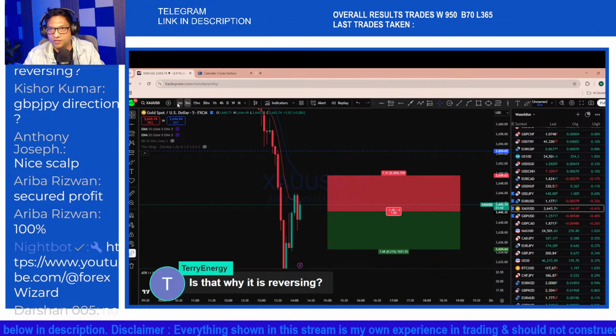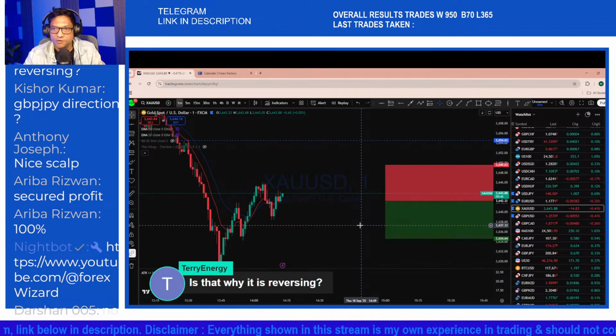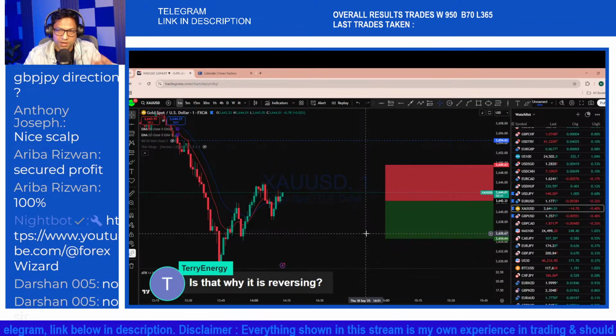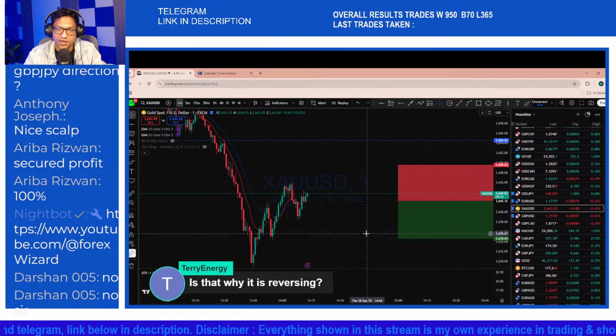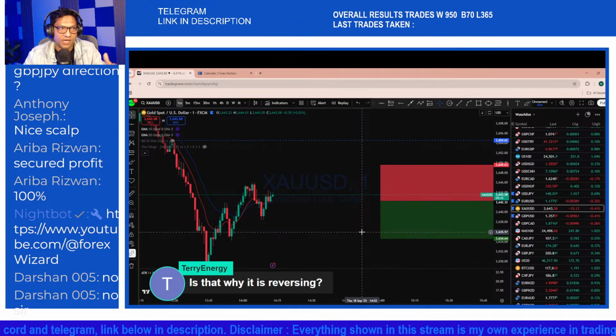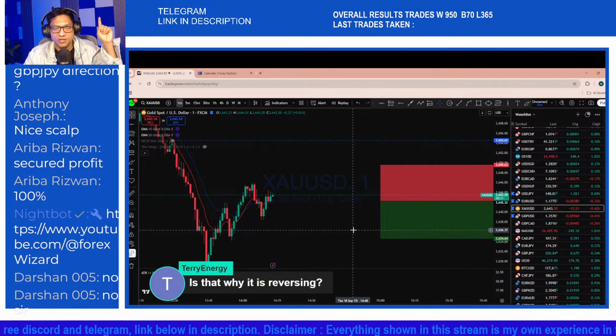Why not take that quick movement rather than going through a big shift in the market? We do take the big trades as well. This is a scalping session.